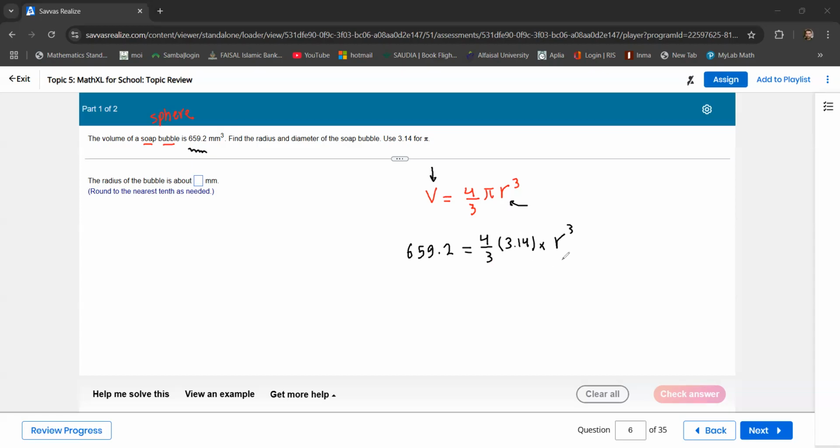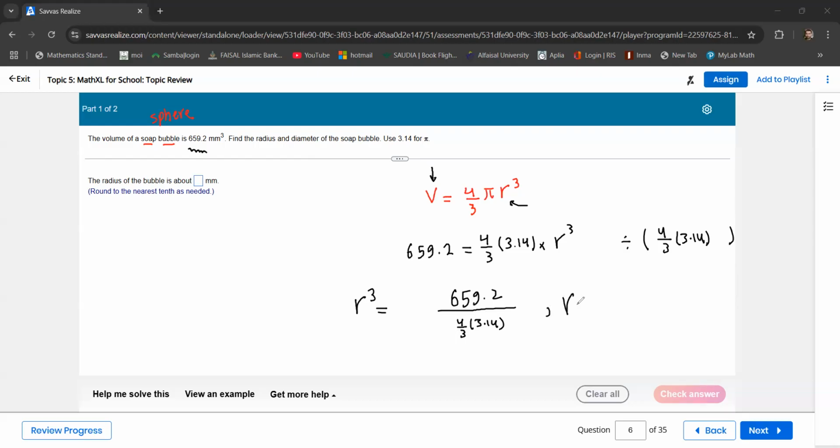Now we are going to divide both sides by 4 over 3 multiplied by 3.14, so that r cubed will be 659.2 divided by 4 over 3 multiplied by 3.14.